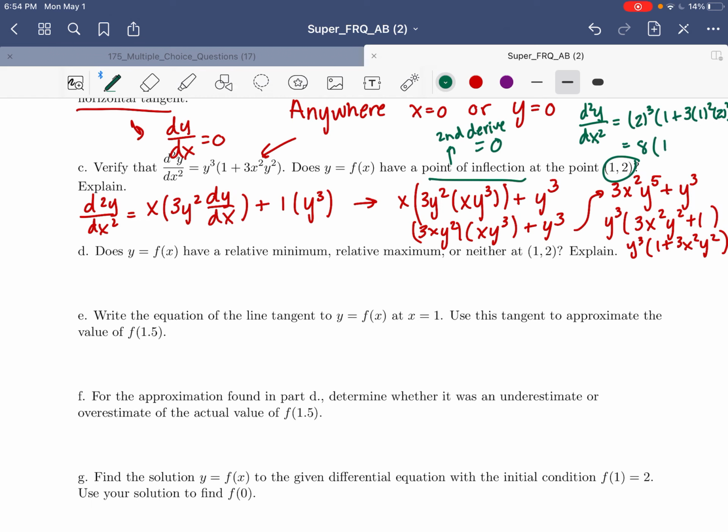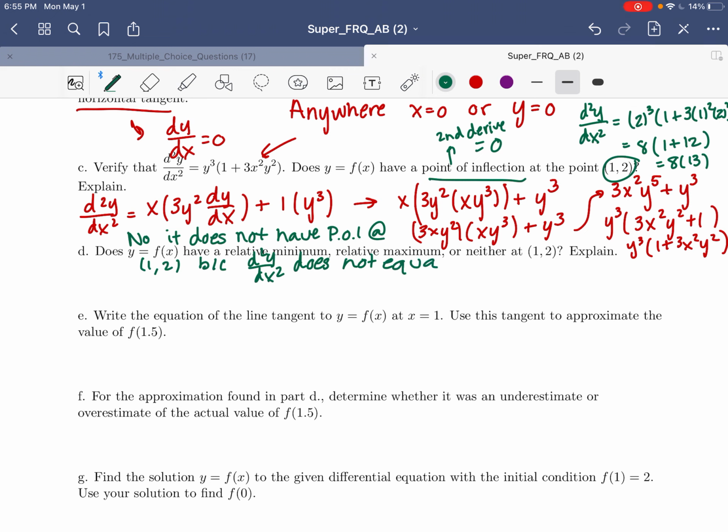I'm going to get 8 times (1 plus 4 times 3, which is 12), so I get 8 times 13. So we're going to say no, it does not have a point of inflection at the point (1, 2), because the second derivative does not equal 0.